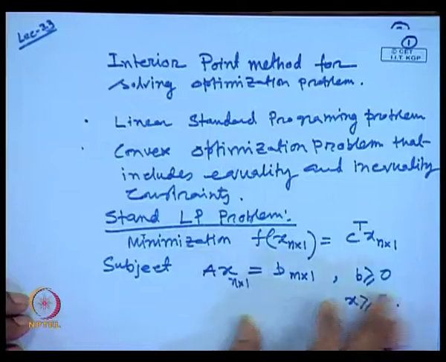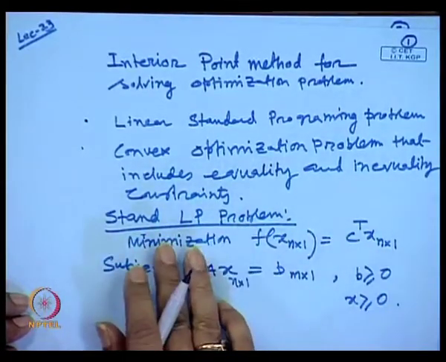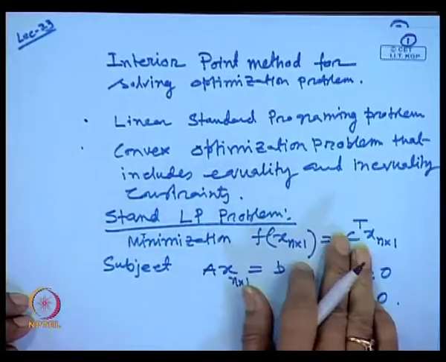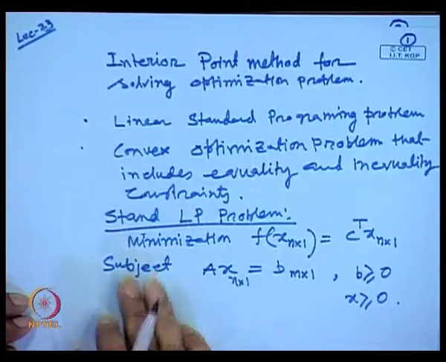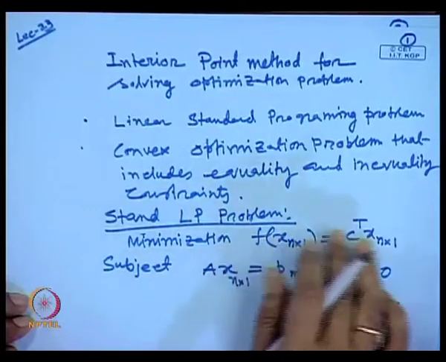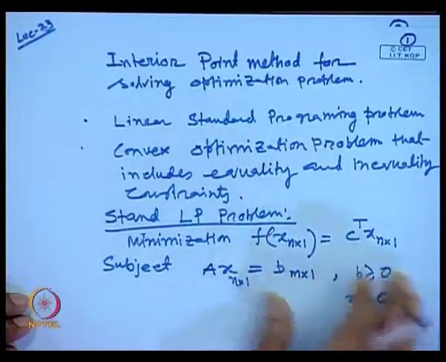And we now define the feasible region. We have to find the solution of this problem such that the function value is minimum, and not only minimum, it must satisfy these constraints. That means the point at which the function value is minimum must be inside the feasible region.